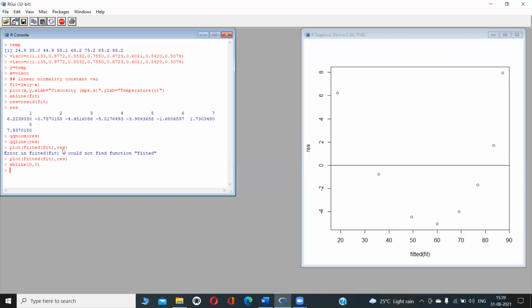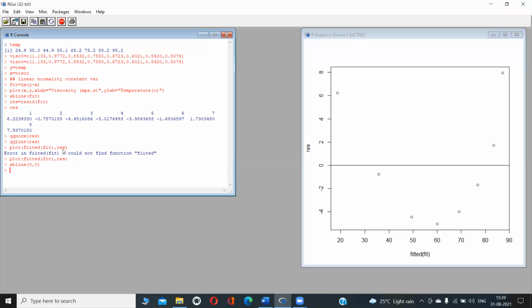So the three assumptions that we were checking are not satisfied by our model. We'll do some transformation so that this model will follow these assumptions.